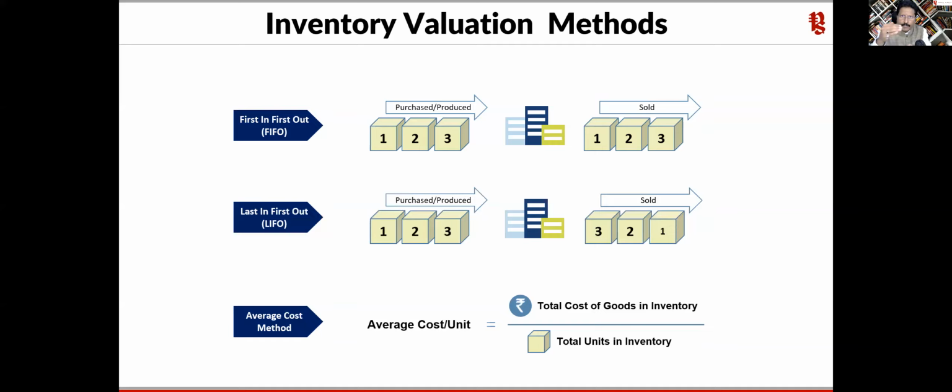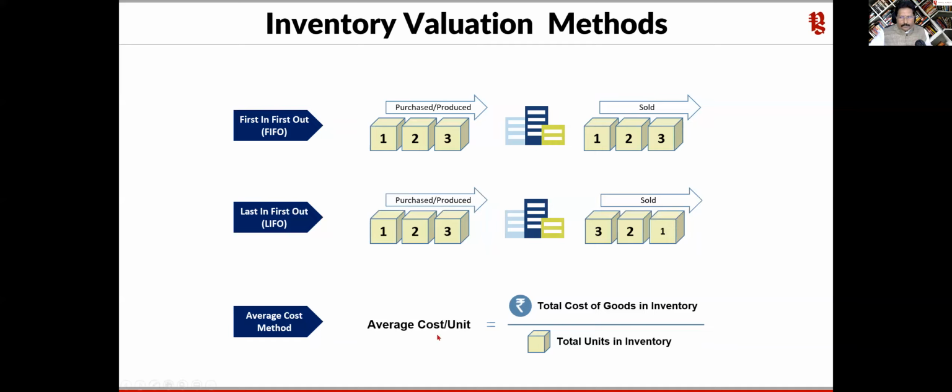Total value divided by total inward quantity, the result is going to be the average cost of your item. Then, taking that cost, it is going to multiply it with the quantity that is left with you and arrive at your inventory value as per the average cost method.